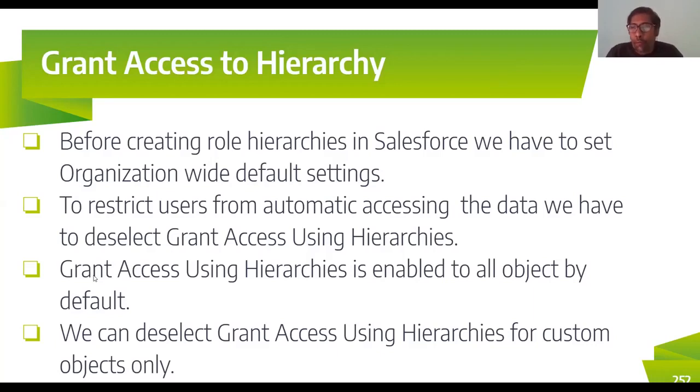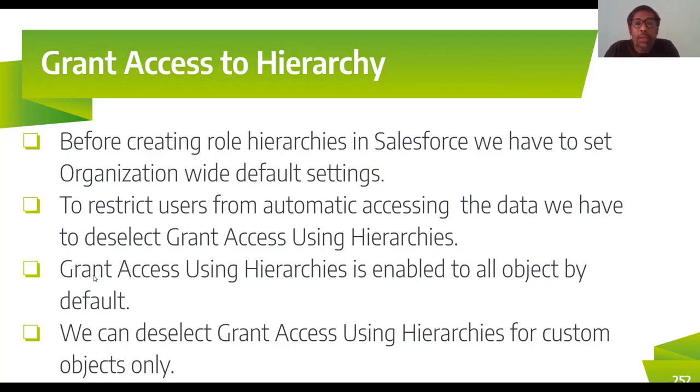By default it will be automatically selected. In case the hierarchy people should not access your data, we manually have to deselect the grant access using hierarchy option. By default it will be enabled, we have to deselect it. So this is all about grant access using hierarchy.